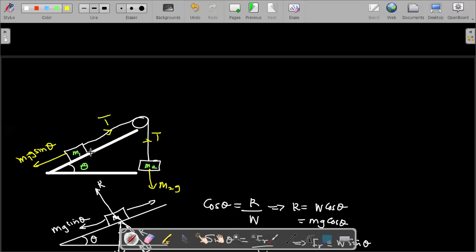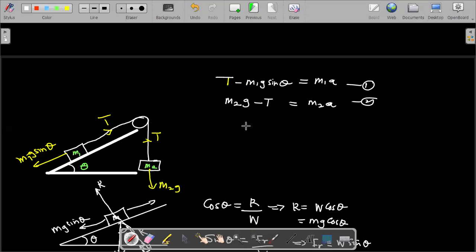From here, similarly, the same way we have done for the case of the surface without inclination, what do we have in that case? We have T minus M1G sine theta will be equal to M1A. And we also have M2G minus T will be equal to M2A, equation 1 and equation 2.